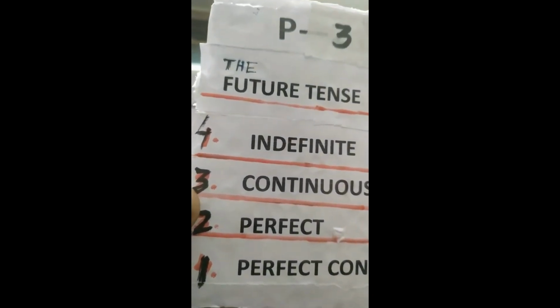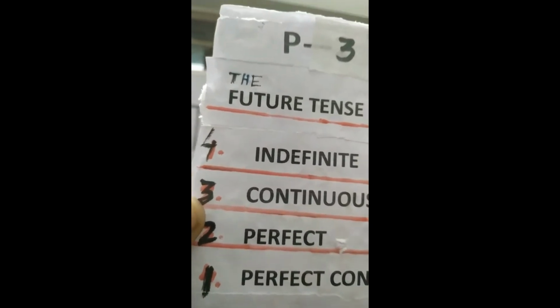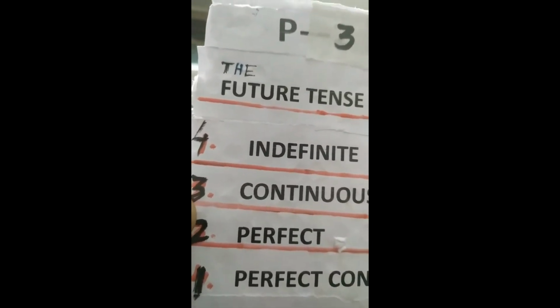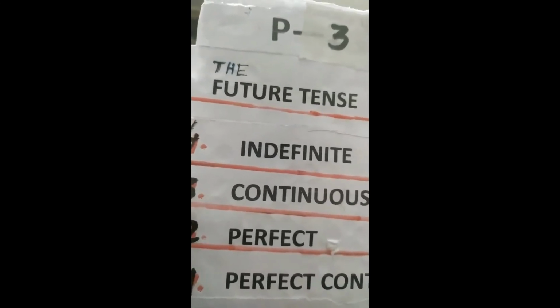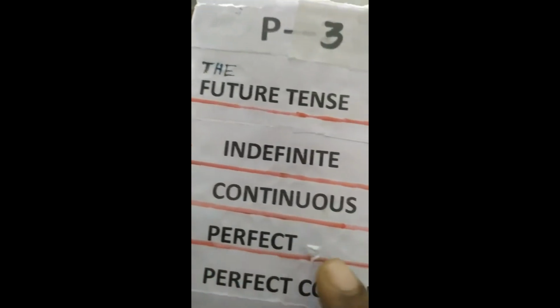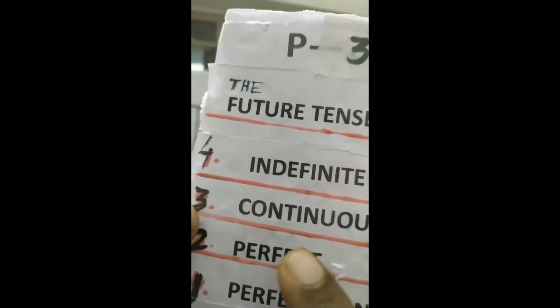If I just utter the names of the parts in the reverse form, what will be the names? The perfect continuous, the perfect, the continuous, the indefinite.